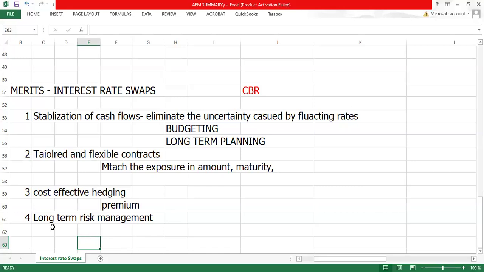So basically here what we are saying is that it protects firms over the entire duration of borrowing, not necessarily looking at 1 year, 3 months.